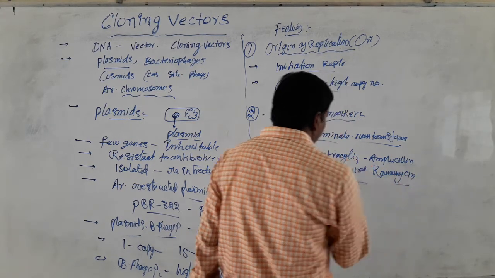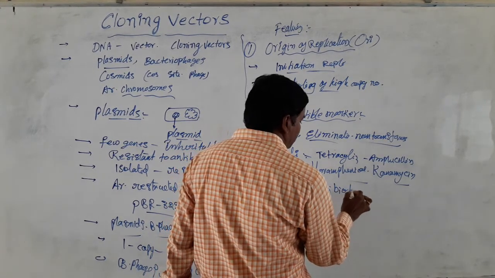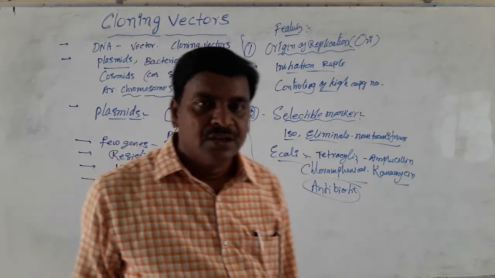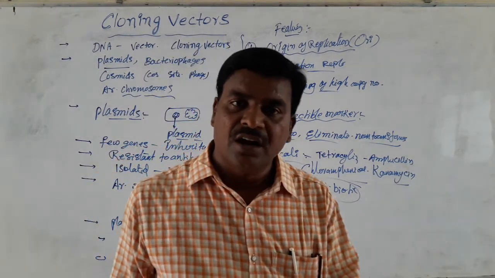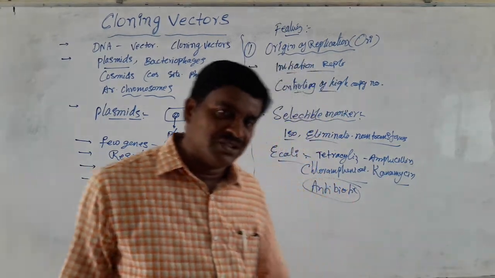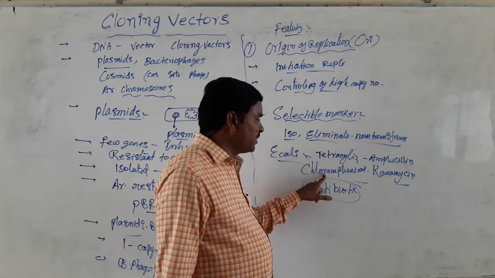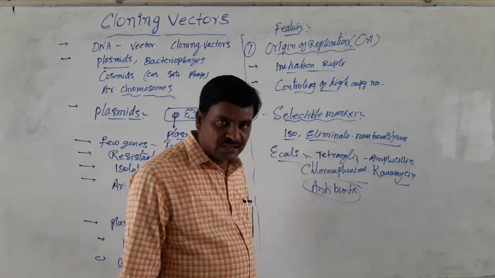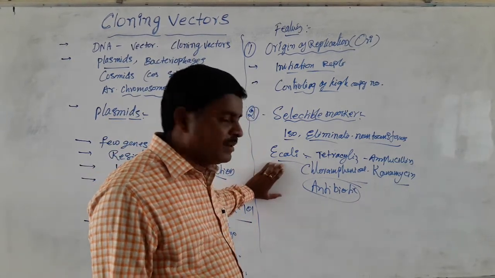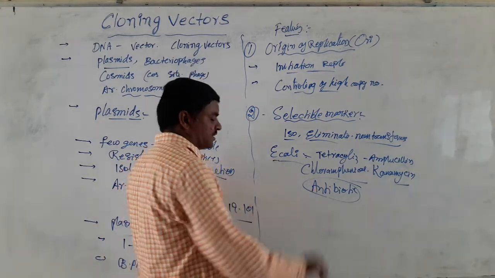These antibiotics can be used as selectable markers for identification and elimination of non-transformants and allow the selective growth of only transformants. E. coli has no resistance against these antibiotics, so tetracycline, ampicillin, chloramphenicol and kanamycin are used as selectable markers in case of the E. coli host.